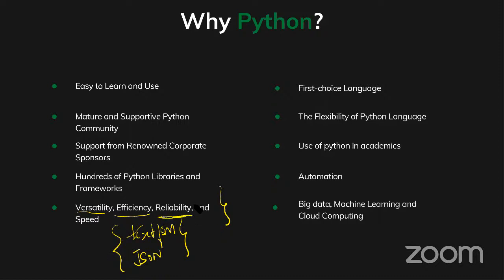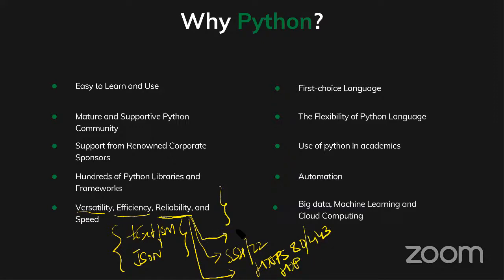It's reliable because Python works over SSH port 22, or you can have it over HTTPS port 443, or HTTP port 80. Okay. They can also run over SNMP. They can also run over Telnet, but Telnet is no more a secure protocol, so I don't want to include Telnet, right?